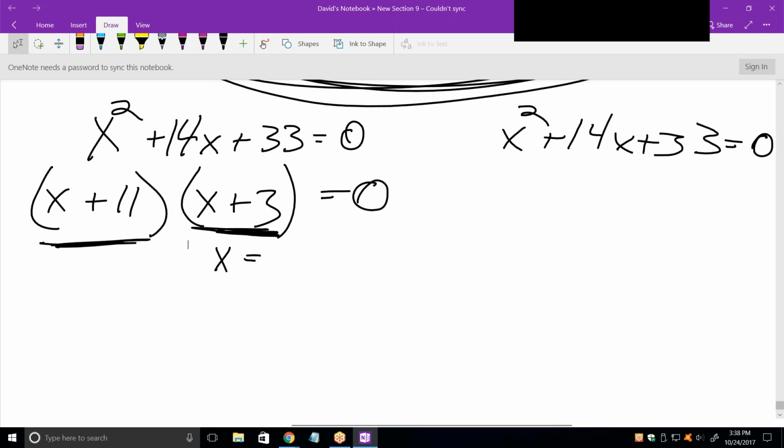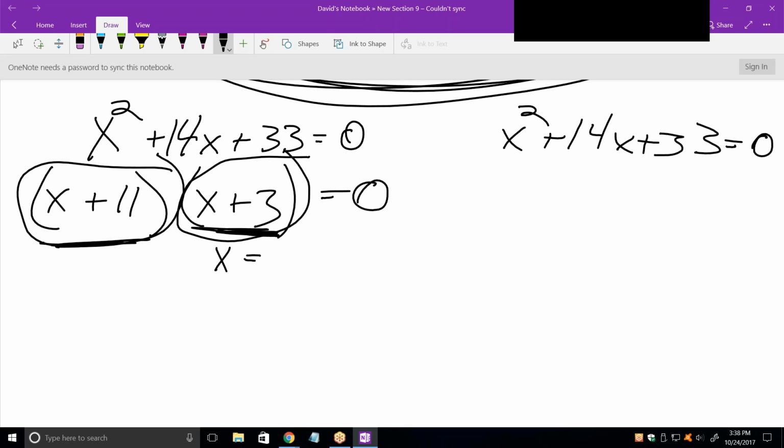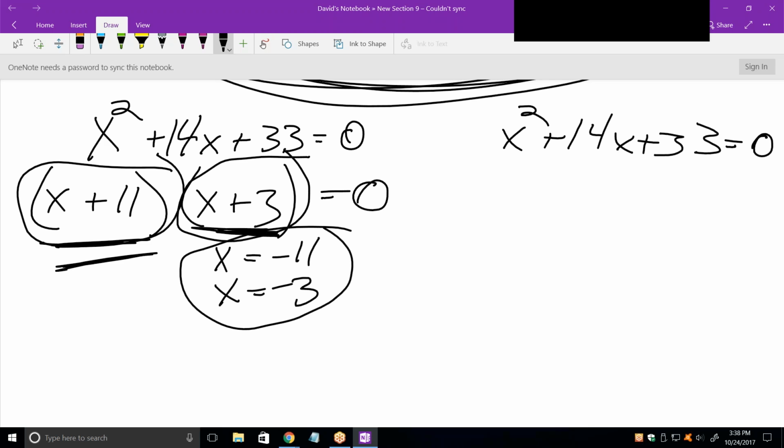So I know that x plus 11 has to be equal to 0, and so does x plus 3, which makes x equal minus 11 and x equal minus 3. Those are your two solutions. Because that I set to 0, which produces the first solution, and that I set to 0, which produces the second solution. All right.